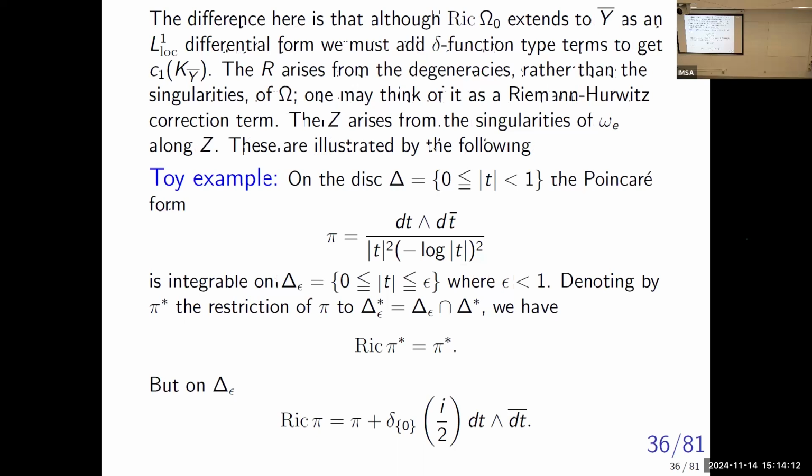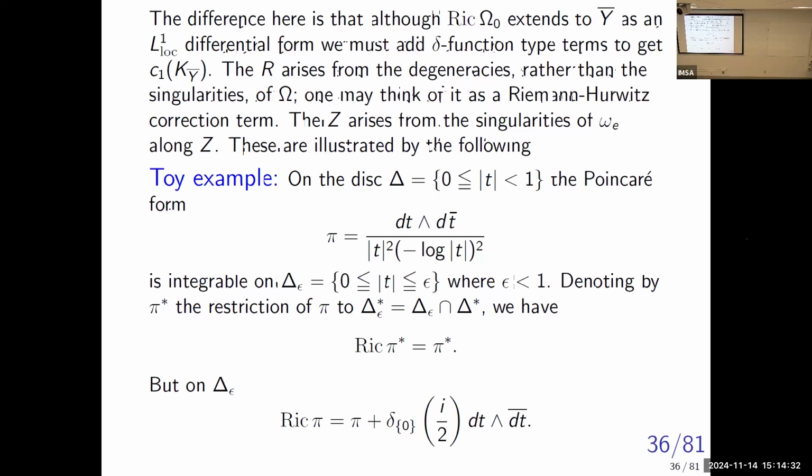So if you go back to the formula, you have the usual Ricci form, and then you have a contribution from the ramification, and then a negative contribution from the singularities.